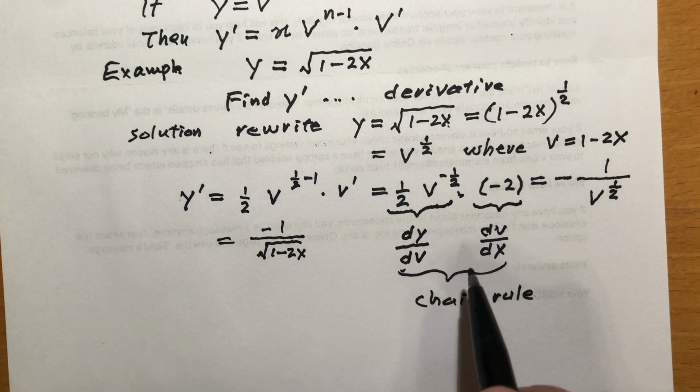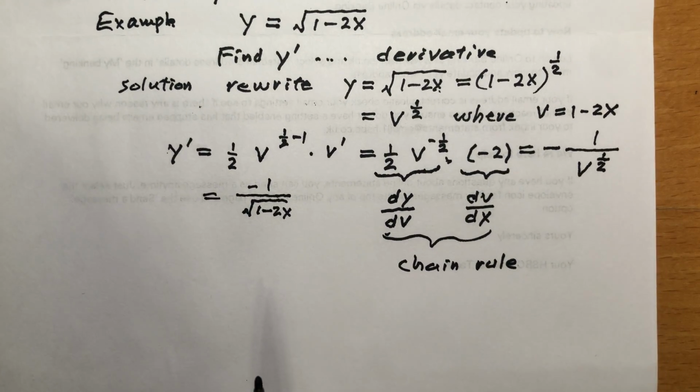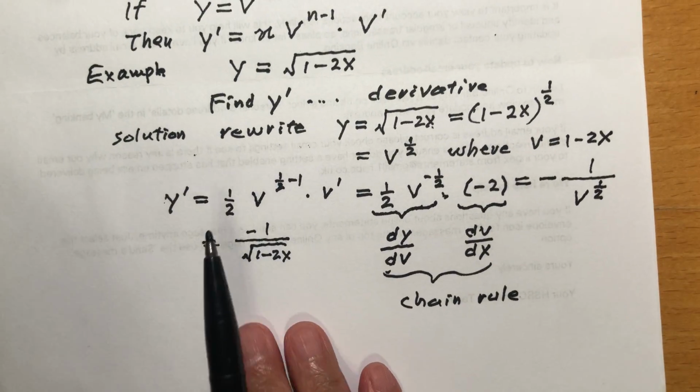We are using chain rule, but without pointing out it's chain rule when we do the general power rule. So this is my discussion. Okay. So the next, we can do some practice now.